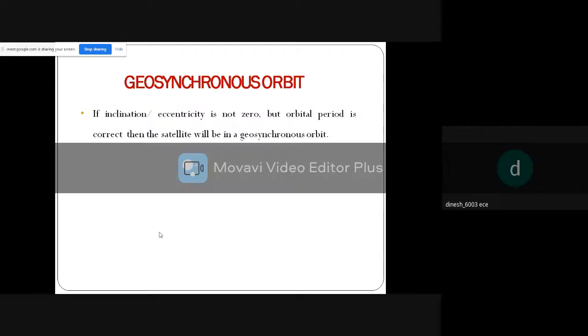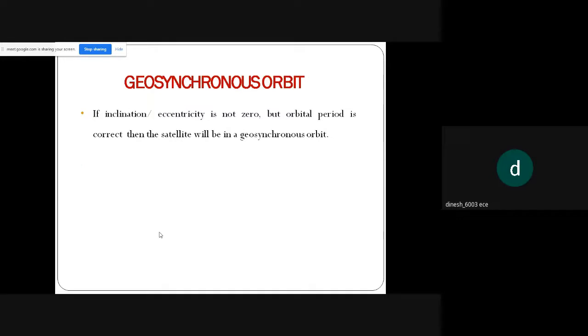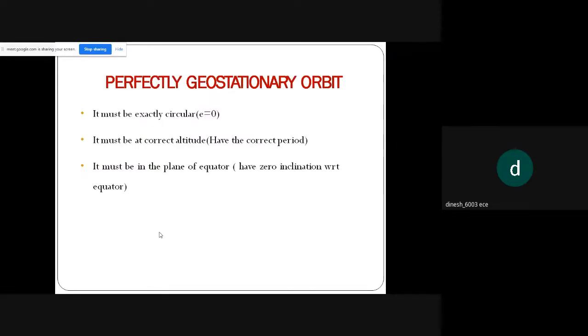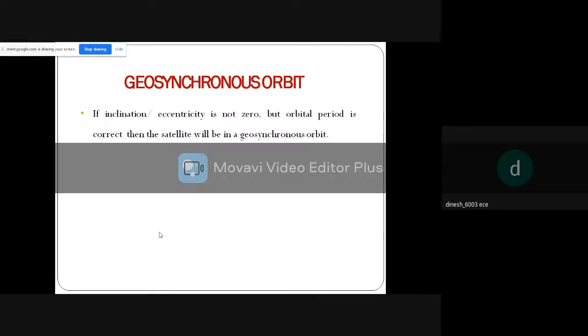So what happens if inclination or eccentricity is not 0? The answer is the satellite will be in geosynchronous orbit. You can see geostationary and geosynchronous.